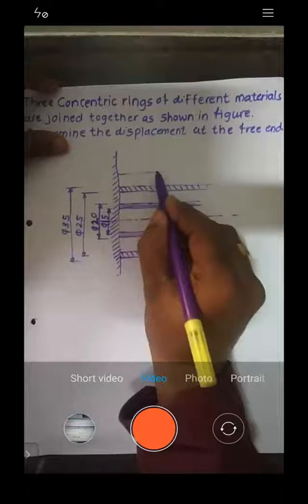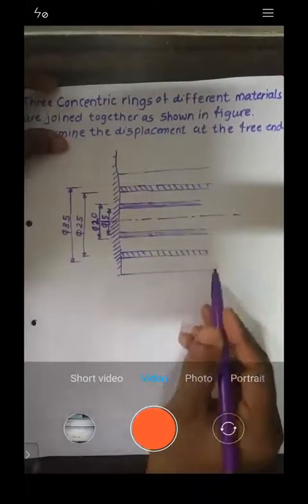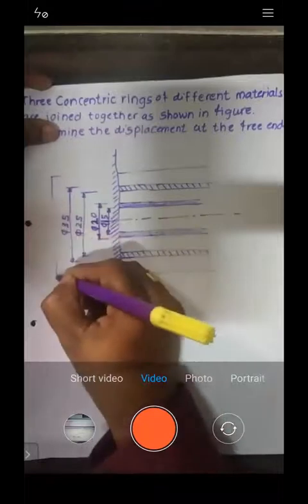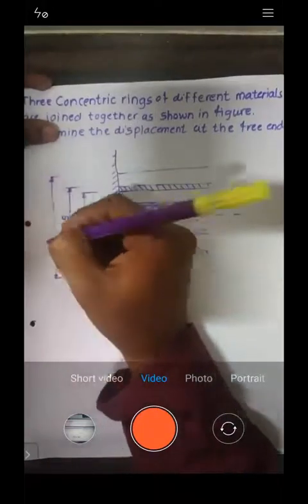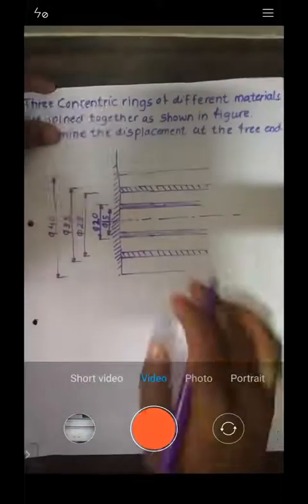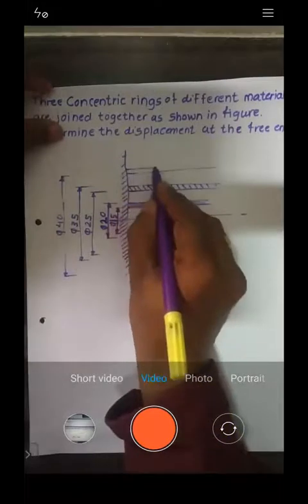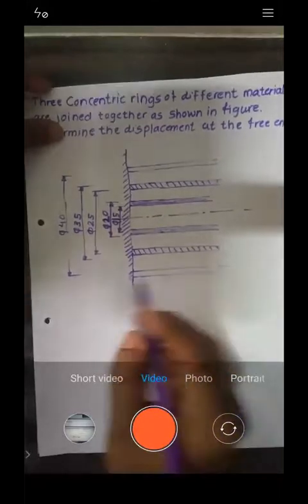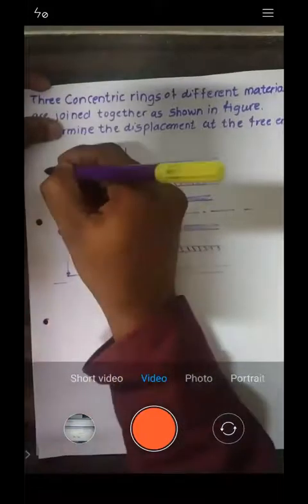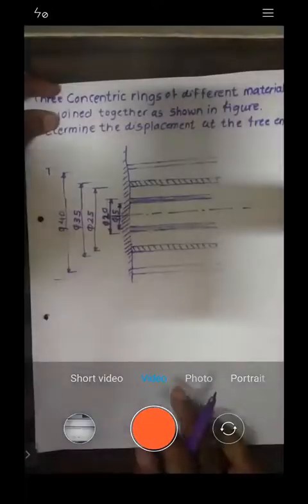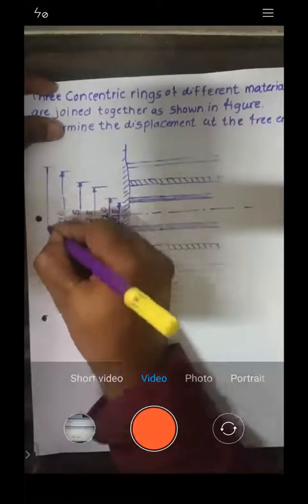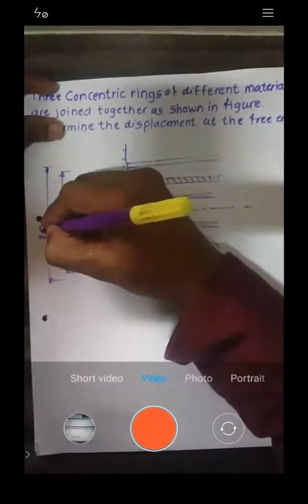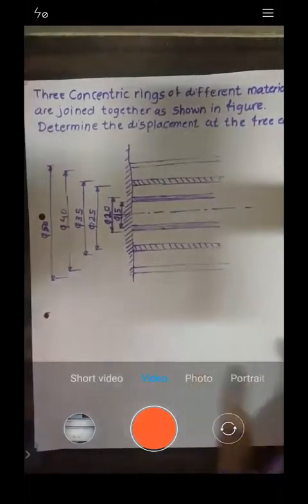This is one more ring with inner diameter 40, phi is equal to 40, and it will obviously have some outer diameter. The outer diameter is 50.